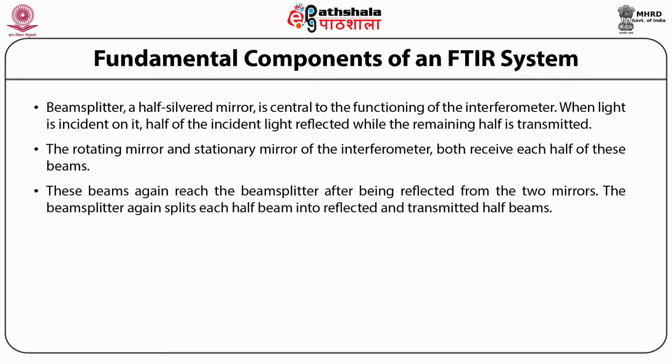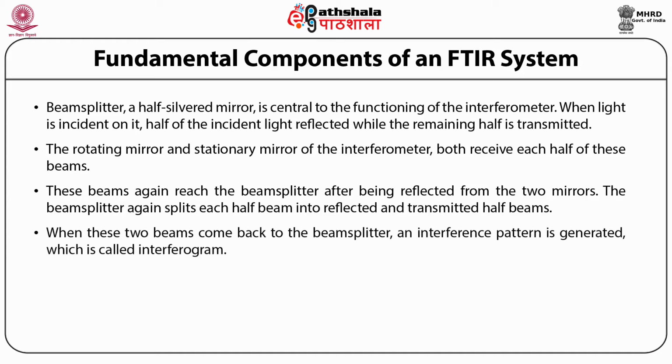These beams again reach the beam splitter after being reflected from the two mirrors. The beam splitter again splits each half beam into reflected and transmitted half beams. Two output beams result. One travels to the source and the other to the detector.